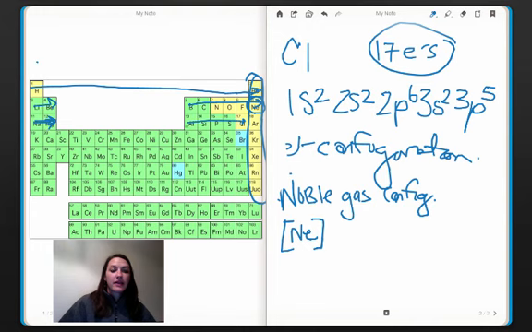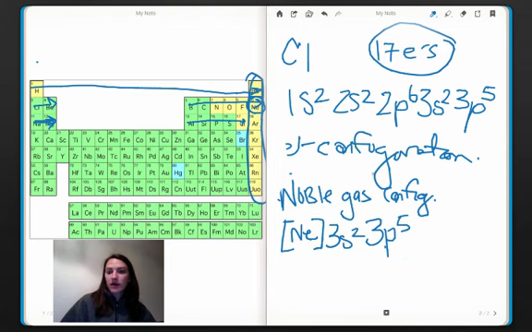So it'll be 3s2, 3p5. What you can see is that the noble gas configuration uses a noble gas in place of writing out this long electron configuration. This bracket stands for the electron configuration of neon. So you can just see that ending part. That's going to be very helpful for us.